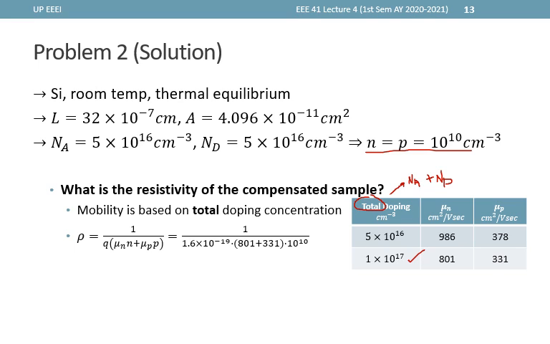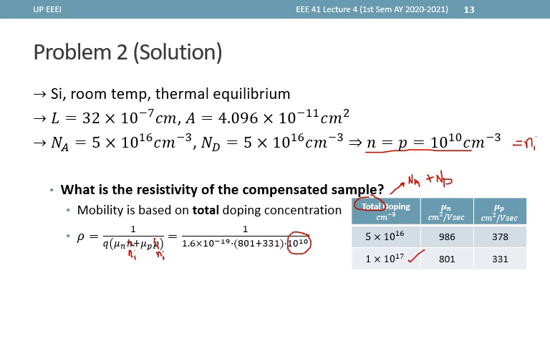However, since n is equal to p is equal to ni, then replace this with ni, then factor out ni, which is 10 to the 10, and we'll be left with q, which is 1.6 times 10 raised to minus 19.